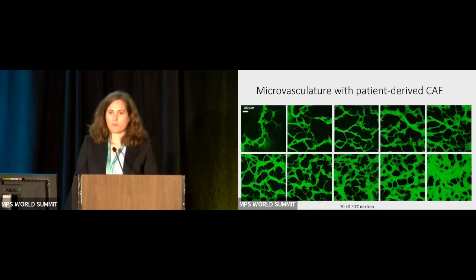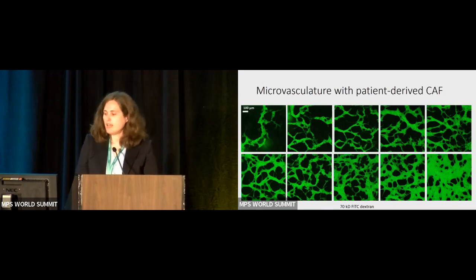You can see from one extreme in the top left, where we have minimally perfusable networks, to the other extreme in the bottom right, where we have really wide flattened networks that have lost their cylindrical cross sections. But the majority of the samples lie somewhere in the middle.